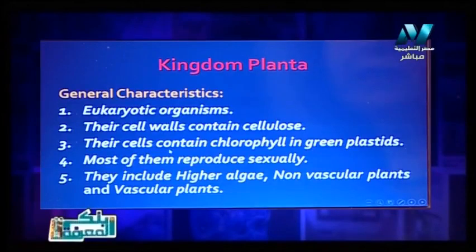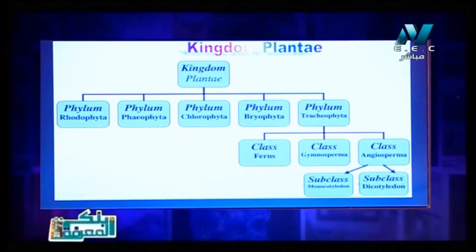So let's start by studying the first phylum. In kingdom Plantae, as you see in this diagram, it includes many phyla. The first one is called phylum Rhodophyta. The second one, phylum Phaeophyta. The third one is phylum Chlorophyta.